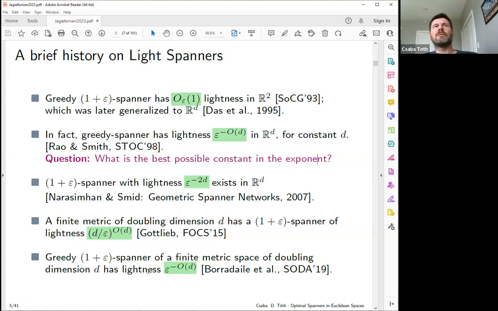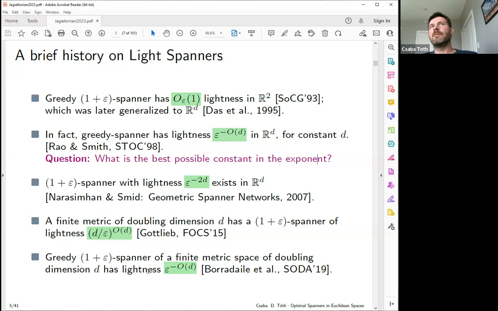So it was known for a long time that a greedy spanner, that I will get back to soon, how exactly it's constructed, has constant lightness. So the weight is comparable to the MST, a constant factor of the MST, for constant epsilon.